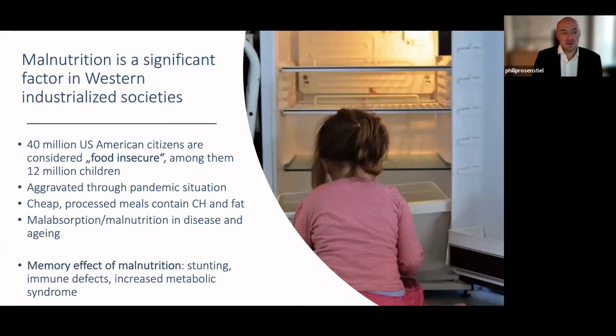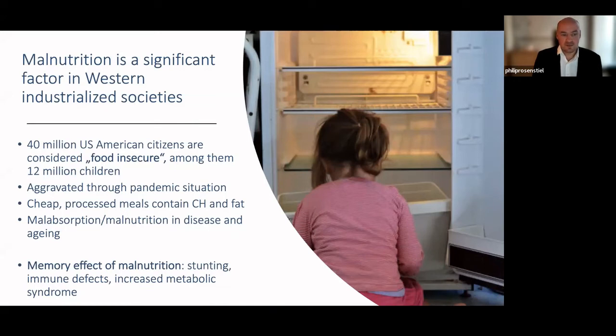And it's not only the food insecurity, but the cheapest food that is available in such Western industrialized countries contains a lot of carbohydrate and fat, so that protein energy malnutrition and protein availability again becomes a problem here. And not only there, but also when you think about disease, for example IBD or also cancer and aging, malnutrition and malabsorption become an individual problem.